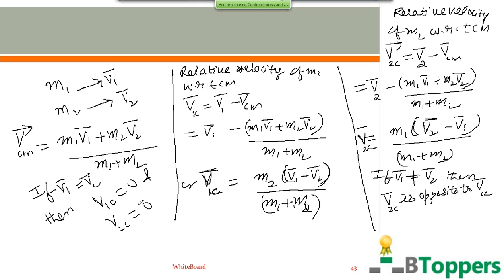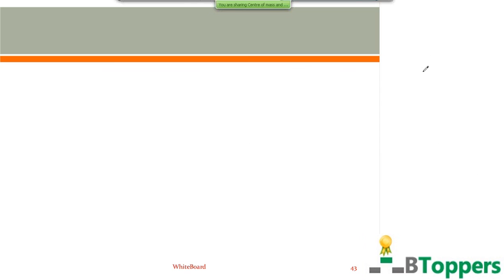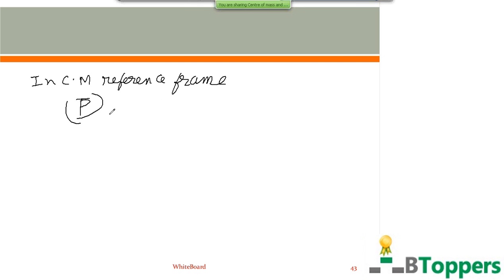You can arrive at these conclusions by another approach also. As I discussed before, in the center of mass reference frame, the frame of reference in which we choose the position of the center of mass of the system as the origin of the coordinate system, the vector sum of linear momenta of all the particles of the system with respect to center of mass will be 0.